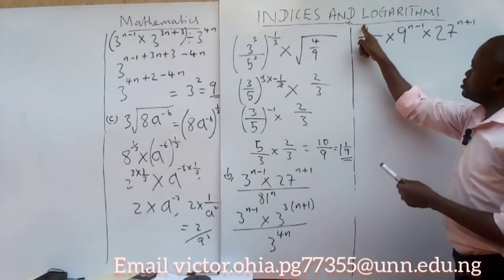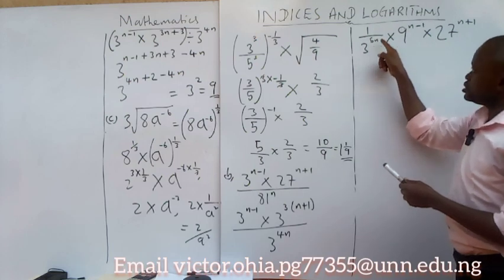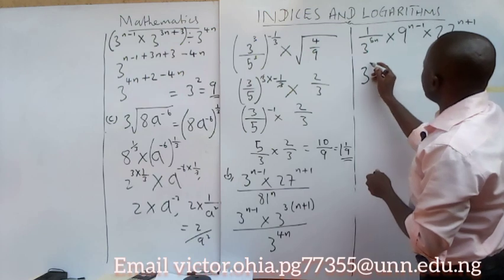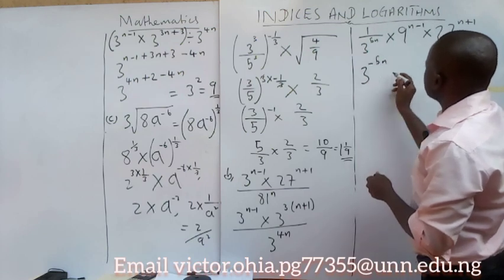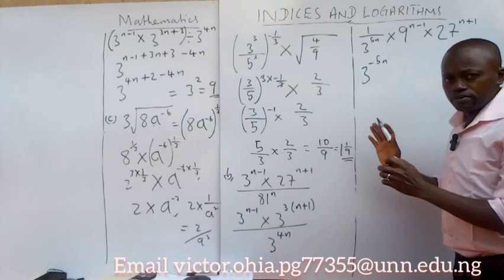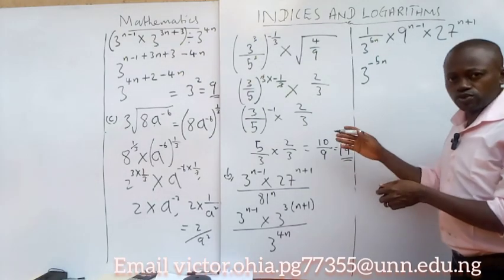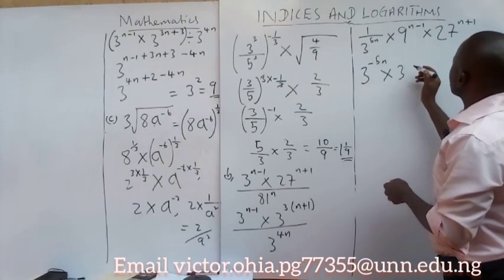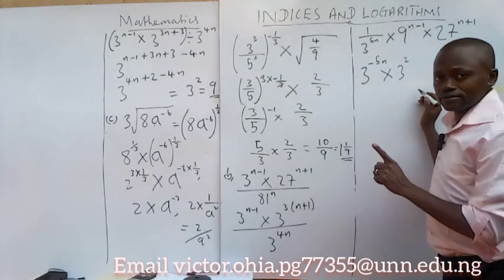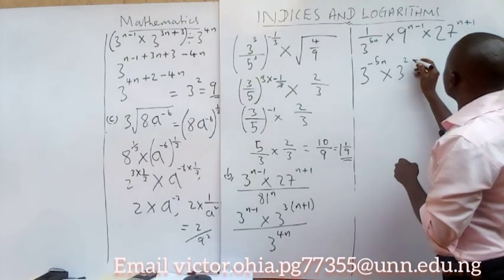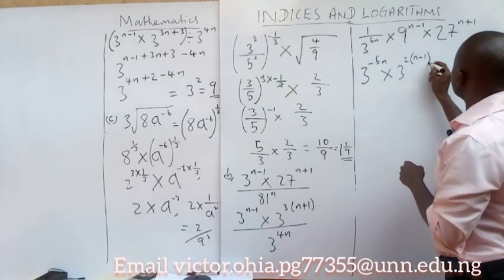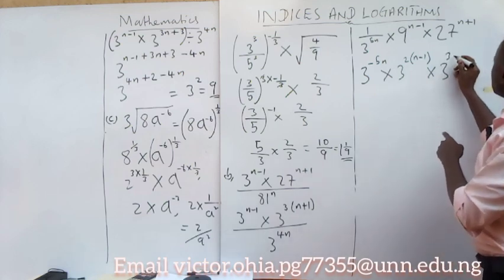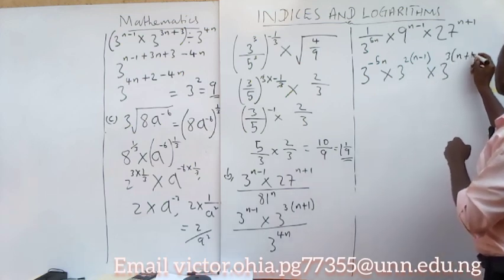By the way, you know what the meaning of this is. I can rewrite it as 3 to power minus 5n. I'm sure it doesn't pose any problem from negative index law, which we discussed in the last class, times this is 3 to power 2, that's 9, is 3 squared. Then multiplying n minus 1, then times this is 3 to power 3, multiplying the existing power there, n plus 1.